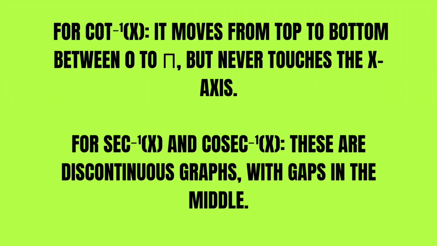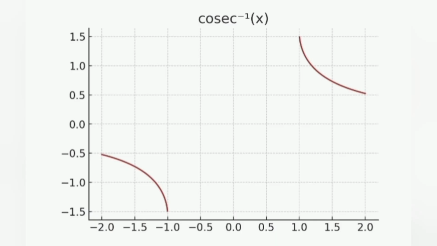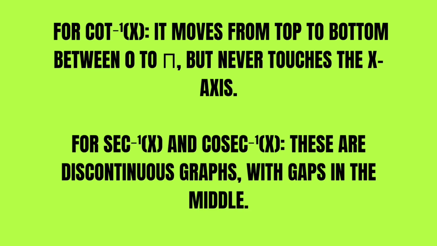Then secant inverse of x and cosecant inverse of x both have discontinuous graphs with a gap in the middle, right? Just look at the graph how it is. So this is the bonus tip for the graph of each inverse trigonometric function, right?